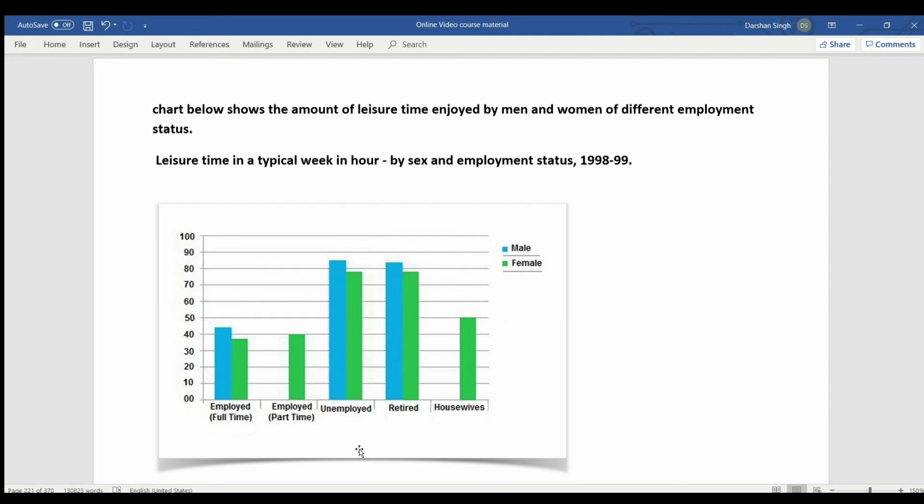I will not mention figures in the overall. So I've only written most amount of leisure time was enjoyed by unemployed and retired men and women. And there were no men in the categories employed part-time and housewives. That's it. So I have spoken about 4 out of 5 categories.